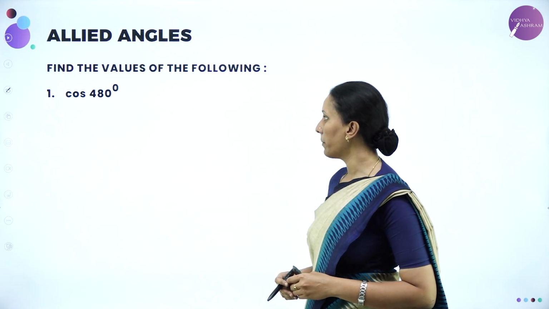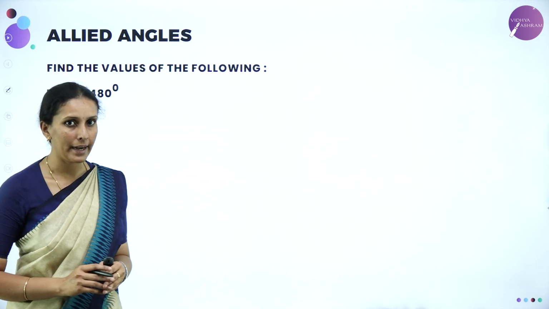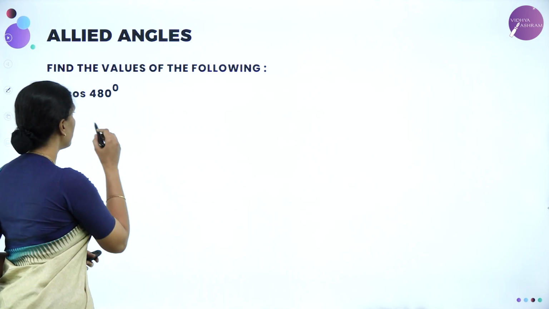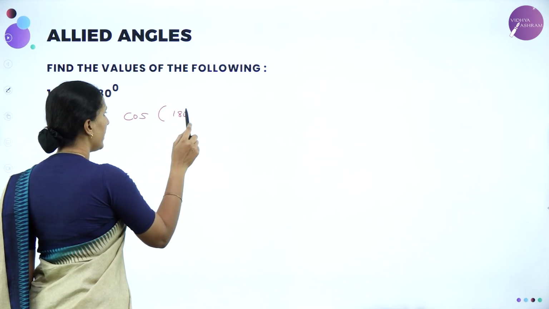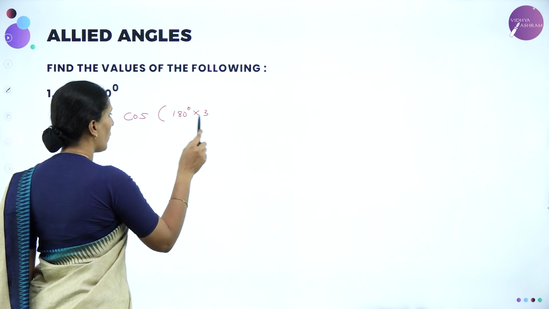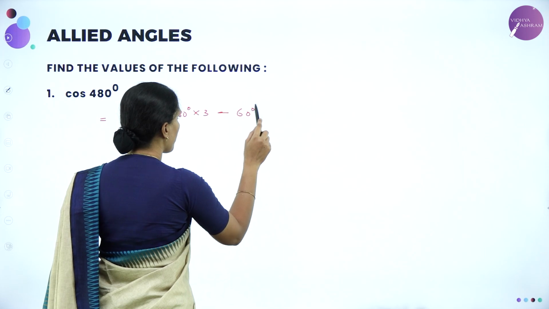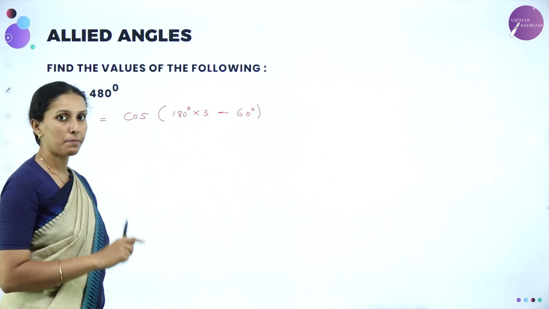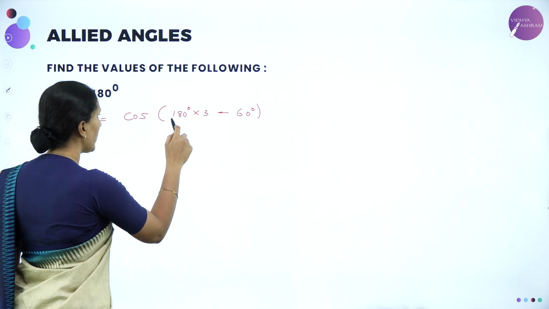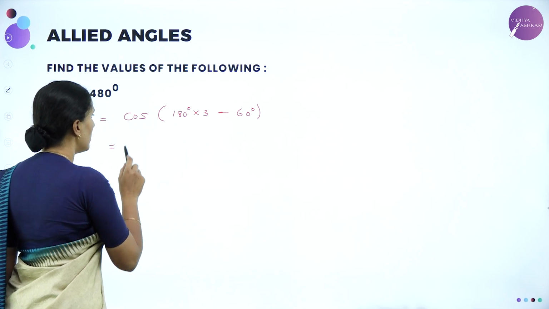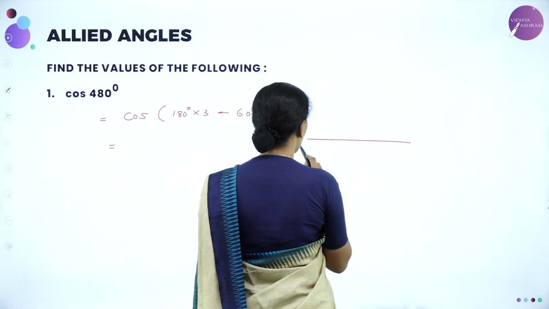The very first problem is cos 480. So cos 480 can be written as cos of 180 into 3, which is 540, minus 60 degrees. Any angle can be expressed as a multiple of 180 minus or plus some theta. So 180 minus theta, or 180 into 3, comes here only.